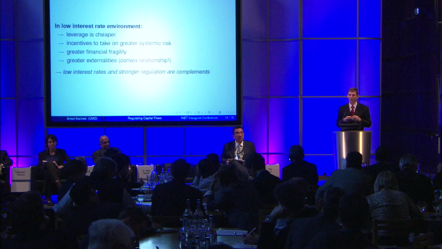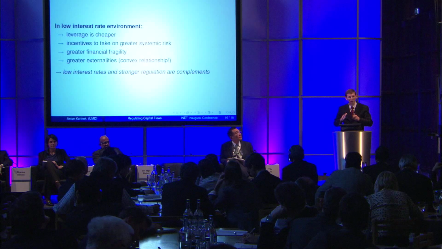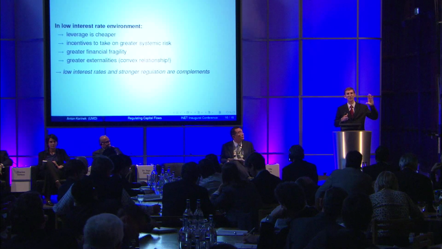So in this category of models, it can be shown that in a low interest environment, leverage is naturally cheaper, and that increases the incentives of private agents to take on greater systemic risk. And that naturally leads to greater financial fragility and also to greater systemic externalities. In fact, there is a convex relationship. So the more we lower interest rates, the stronger the effect on the externalities is.